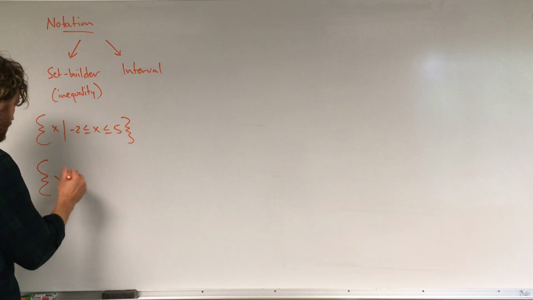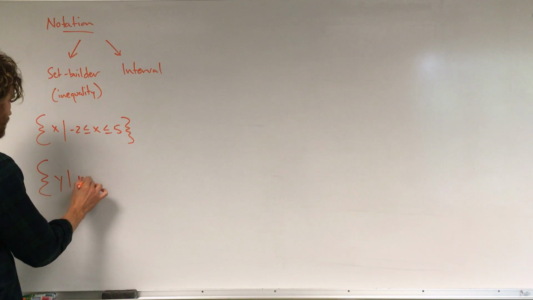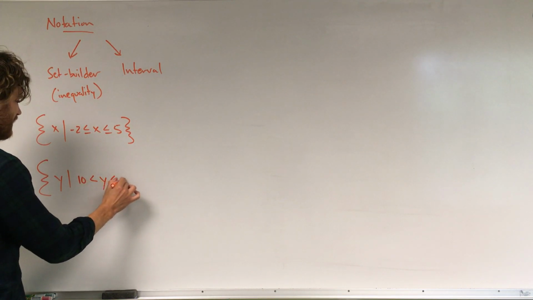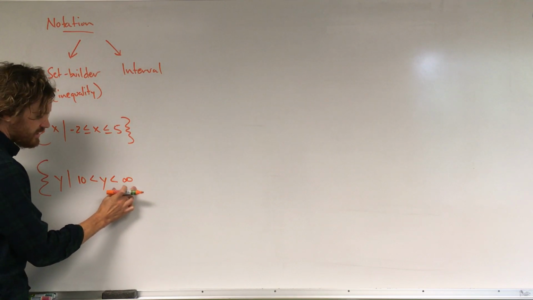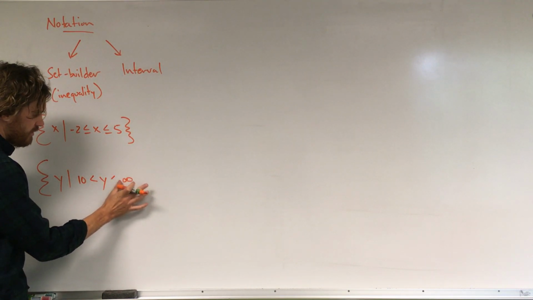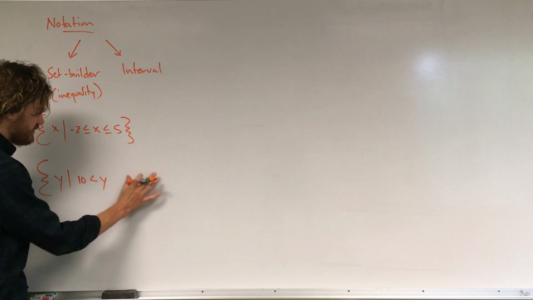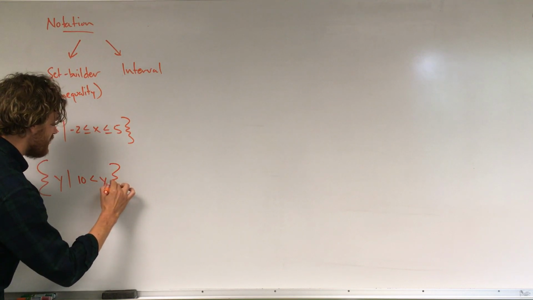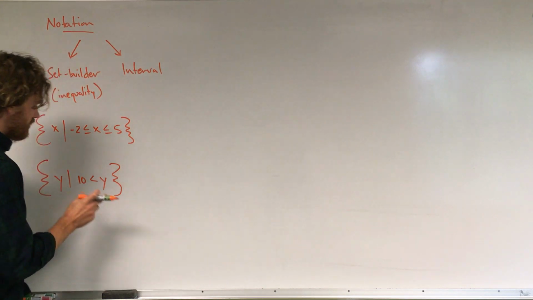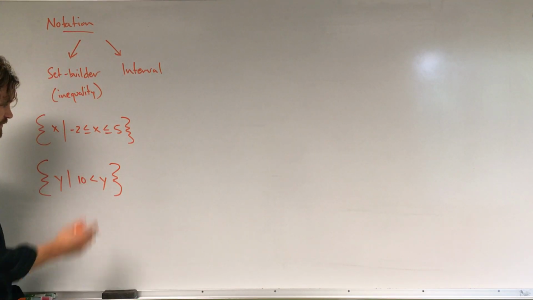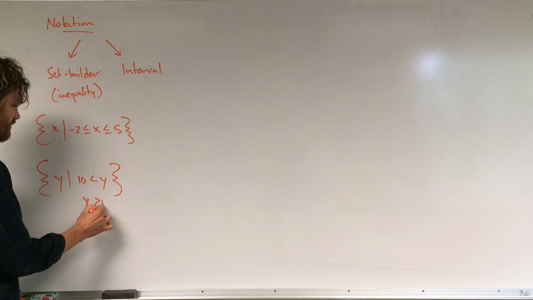Now here's an incorrect way to write that: 10 is less than y is less than infinity. The reason we don't need less than infinity is because every number is less than infinity. So it's redundant to write less than infinity, so we just don't write that. You could write 10 is less than y. That's the same thing as y is greater than 10.